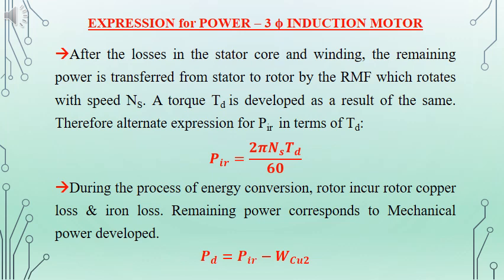We have the equation Fr is equal to Sf, and since on running condition the slip is very small, the frequency of the current in the rotor circuit is very small, and correspondingly the iron loss can be neglected. So the power developed is equal to PIR, the power input to the rotor, minus the copper loss on the rotor side, that is PD equals PIR minus WCU2.